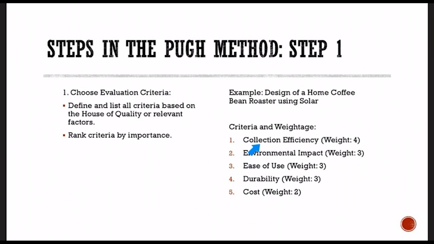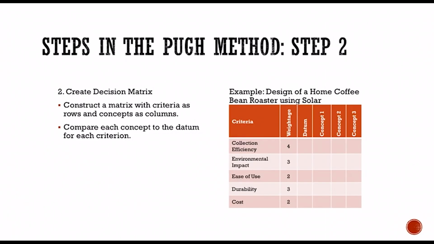First is collection efficiency, where the weightage is 4. Second is the environmental impact, where the weightage is 3. Third is the ease of use, where the weightage is 3. Fourth is the durability, where the weightage is 3. And fifth is cost, where the weightage is 2.